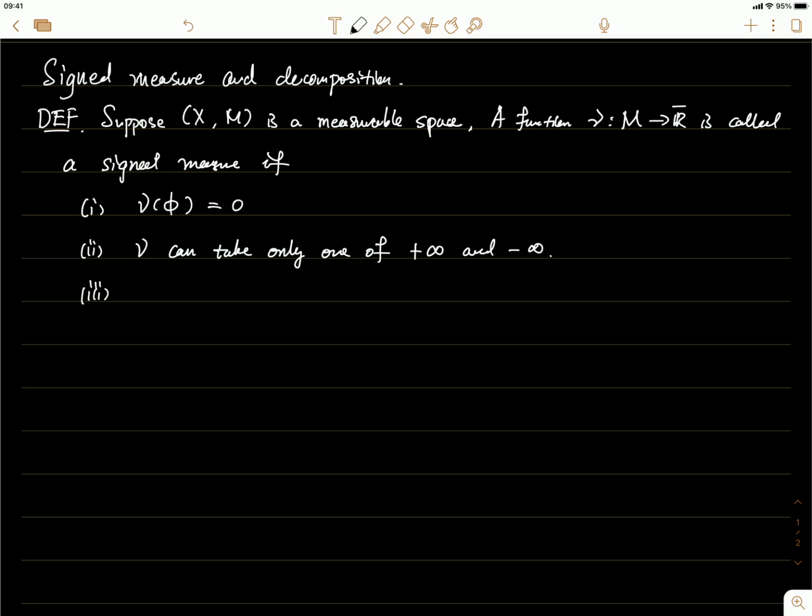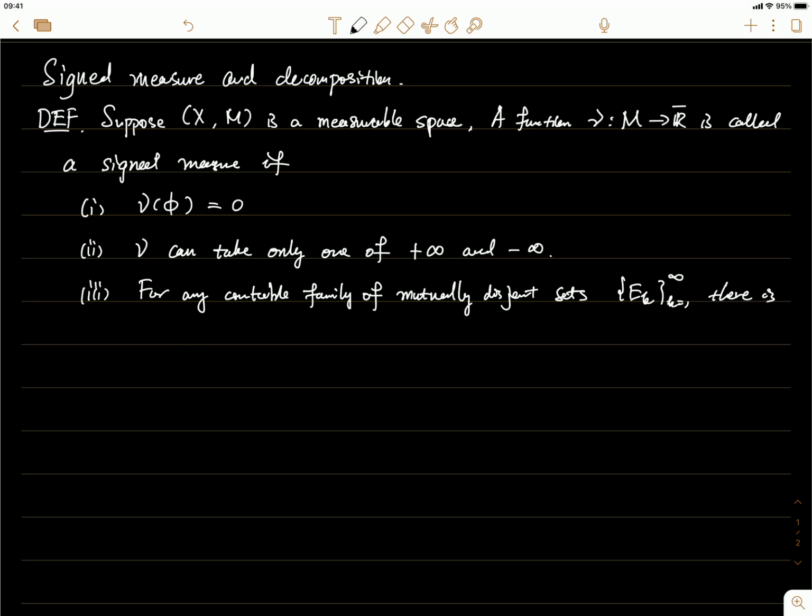And the third is countable additivity, just like the measures. For any countable family of mutually disjoint sets E_k, that means we have countably many sets E_1 through infinity, and they are mutually disjoint, nu of the union of these E_k is equal to the sum of nu of E_k.